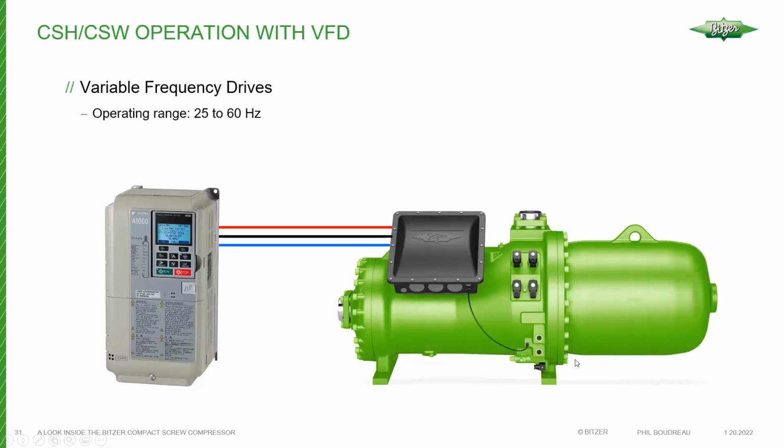Another form of capacity control would be the use of a variable speed drive on a compressor. And in this case, we can operate compact screws from 25 to 60 hertz. So you've got a pretty good capacity control range.